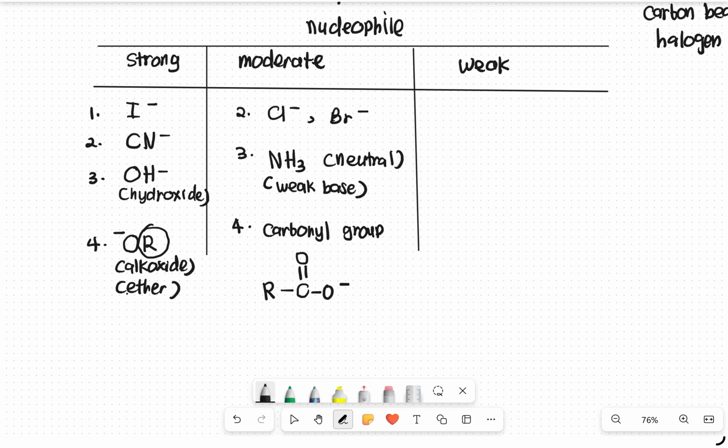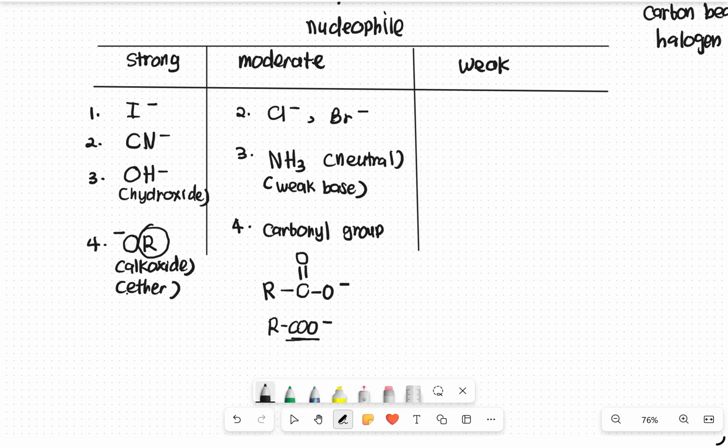Sometimes they just put a molecular formula. The molecular formula for a carbonyl compound is RCOO. Whenever you look at COO like this, it is actually a carbonyl group. I just expand it so that you can see it clearly. So make sure you remember these 4 moderate nucleophiles.